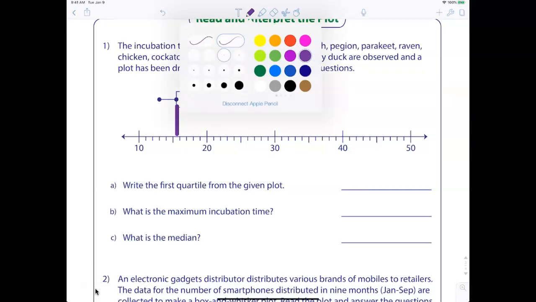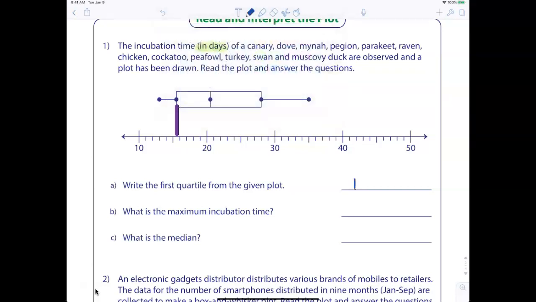So let's do that. 15.5, and don't just write 15.5. Put 15.5 what? Days. I showed you exactly how to do it, right there on the board.